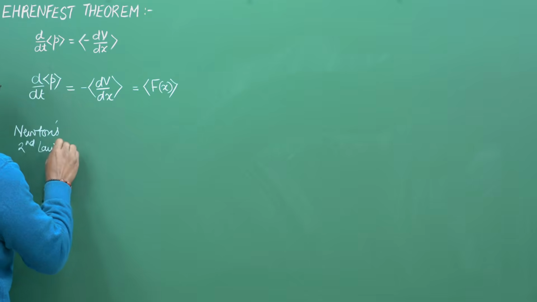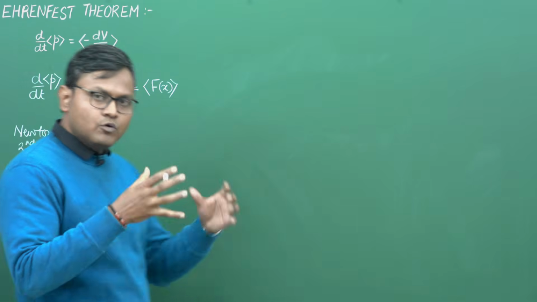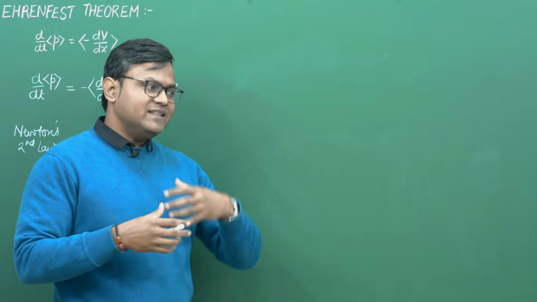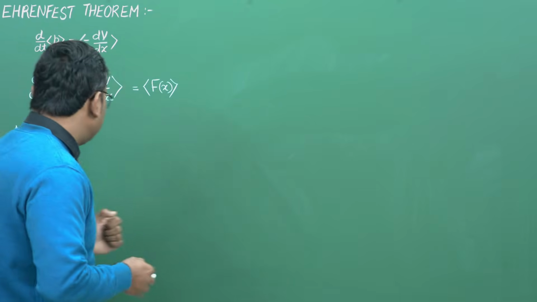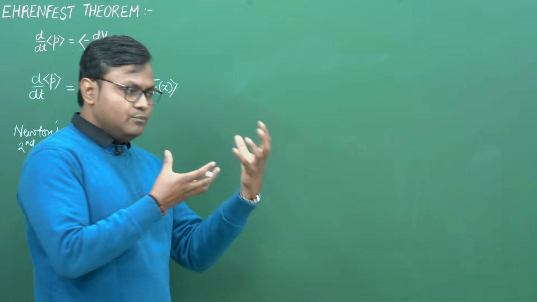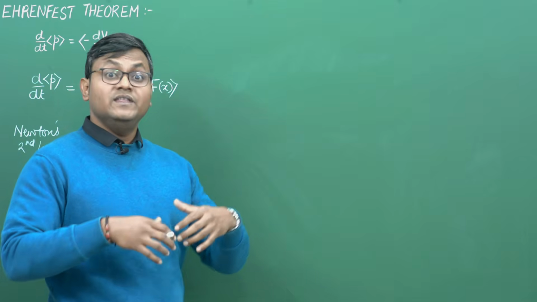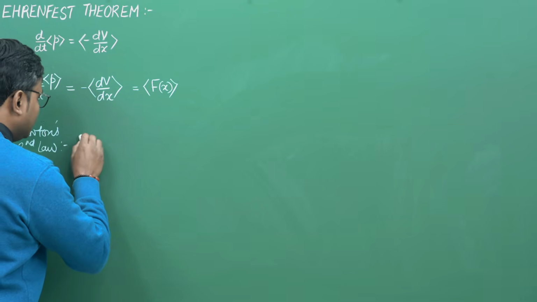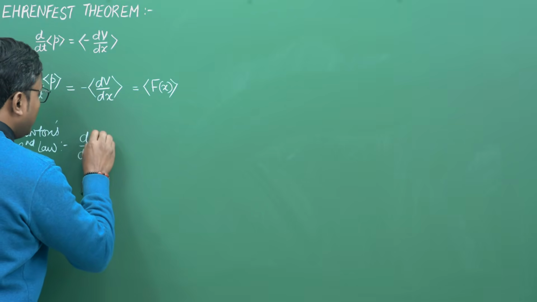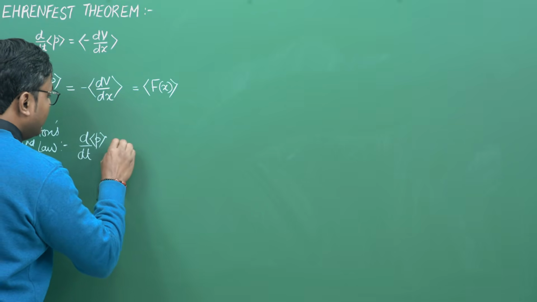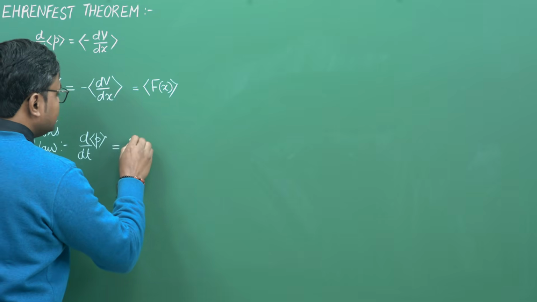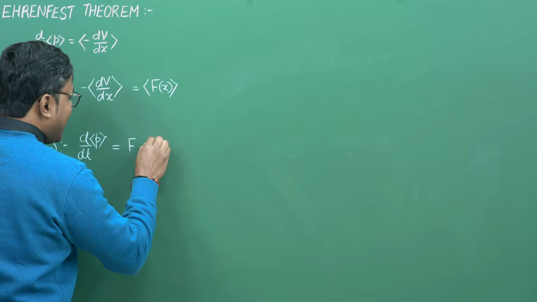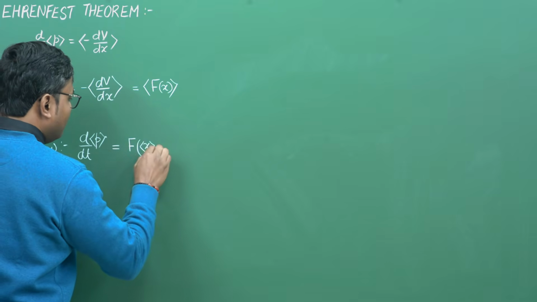Because in Newton's second law, what we are doing is we are taking a force experienced by a particle at a given location, and then we are taking the time derivative of the momentum. And if I'm replacing these position and momentum quantities with their corresponding expectation values, then I should expect an equation that looks something like d by dt of the expectation value of momentum is equal to, let's suppose, the force experienced by the particle at the expectation value of position.